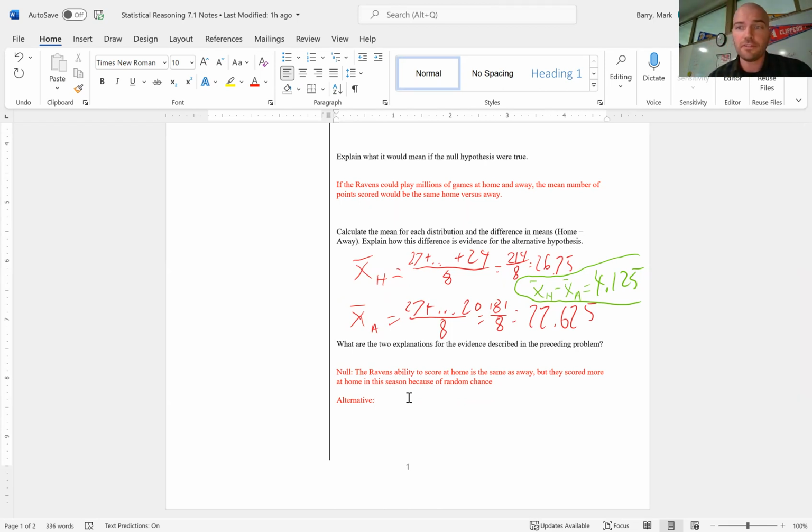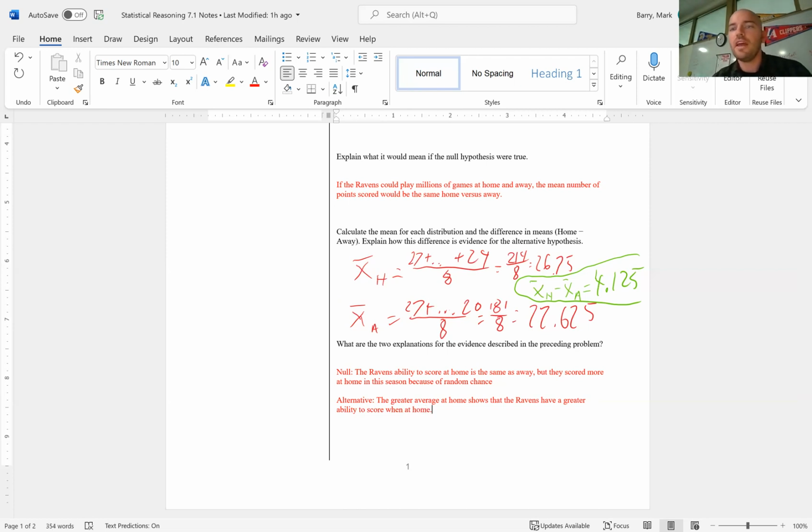If the alternative hypothesis is true, which once again I don't know yet, the explanation would be that the greater average at home shows that the Ravens have a greater ability to score when at home.